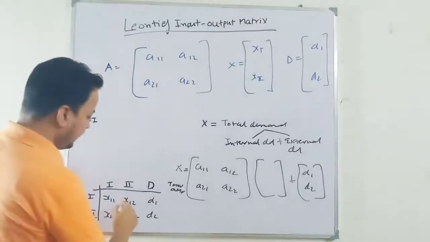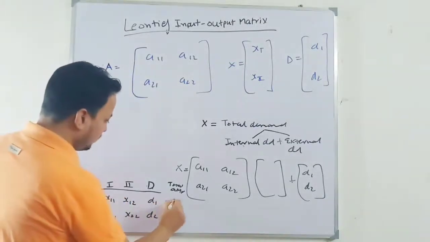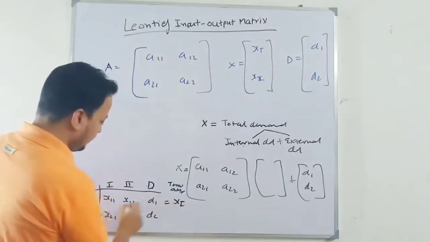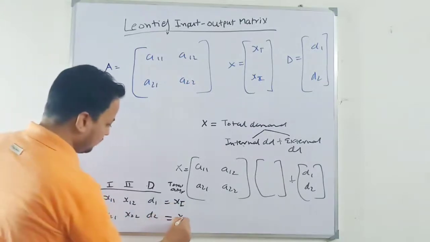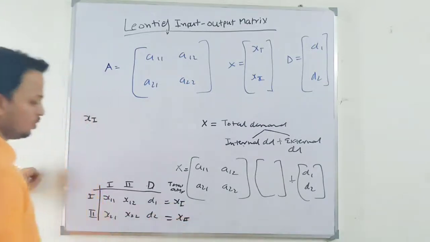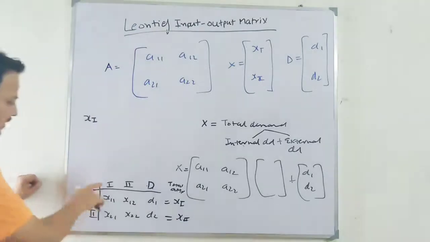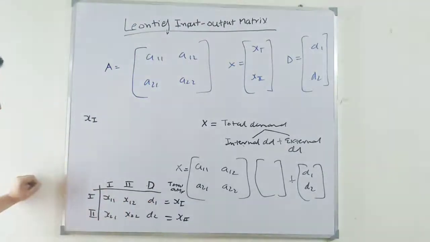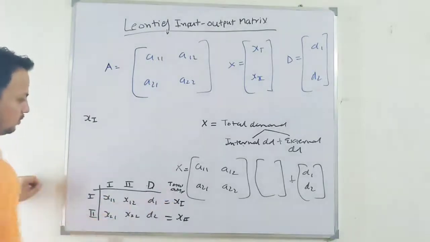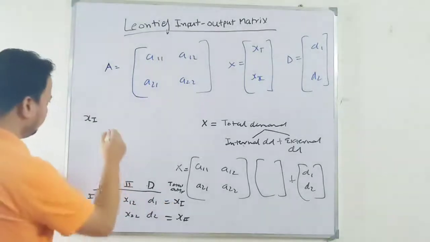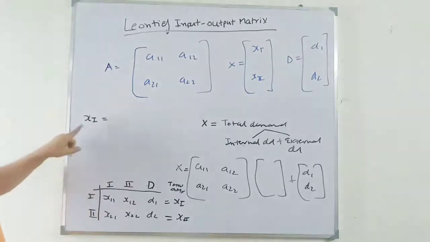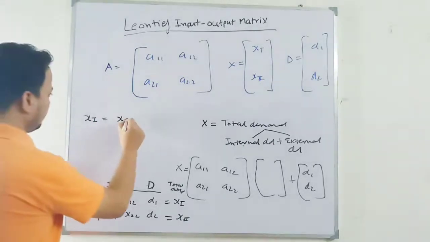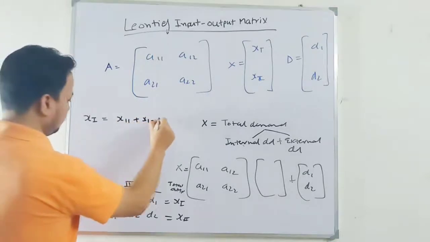When we add these three things up, we get gross demand for first industry, and this will be gross demand for second industry. In the video that I have sent, I added like this and then this. That is a mistake. So gross demand of industry 1 is x11 plus x12 plus d1.